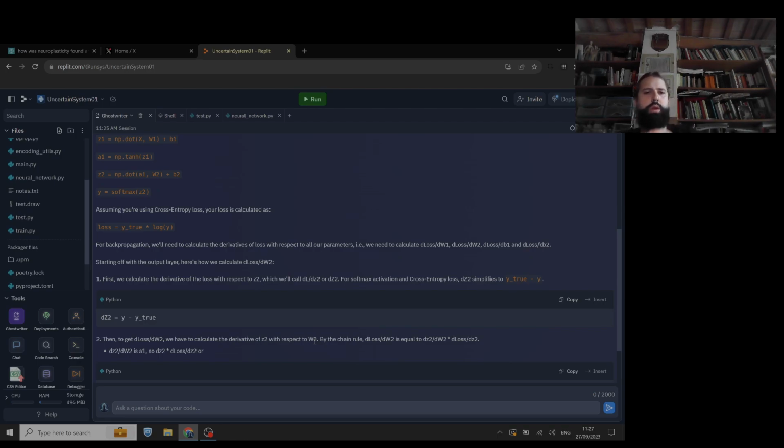Why Z2? The derivative of the loss with respect to W2. Yeah, I think that's a hiccup here. It is equal to the derivative of Z2 with respect to W2 times the derivative of the loss with respect to Z2.